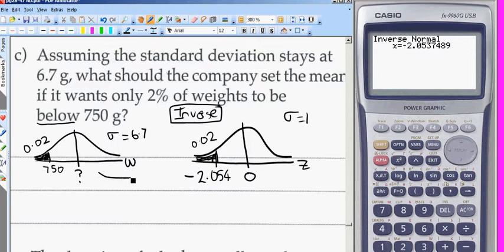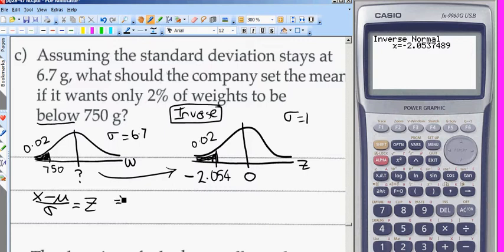Now to get from here to here we've used a formula, or the calculator uses a formula. It's a formula on the formula sheet, and it looks like x minus the mean divided by the standard deviation equals the value on the Z curve. So the calculator's taken 750, it's subtracted this mean here that we don't know, divided by the standard deviation up here, and it's ended up with this value of negative 2.054.